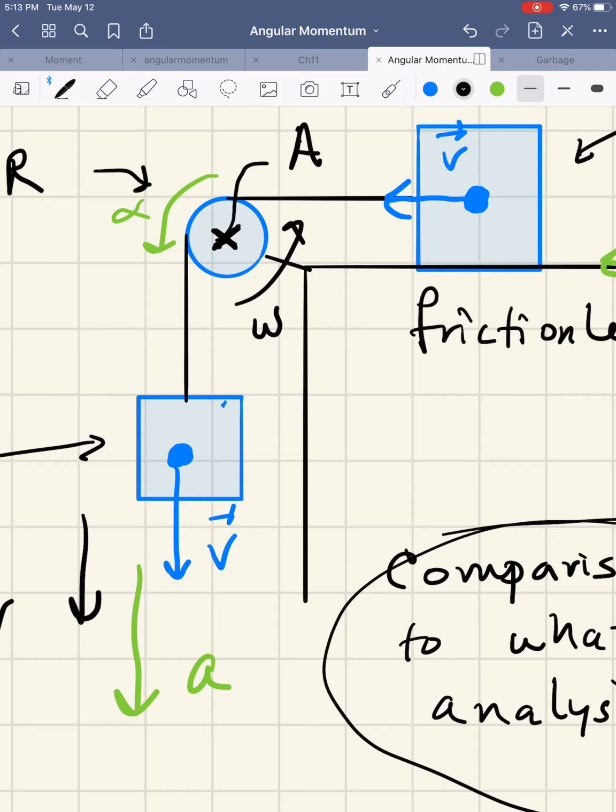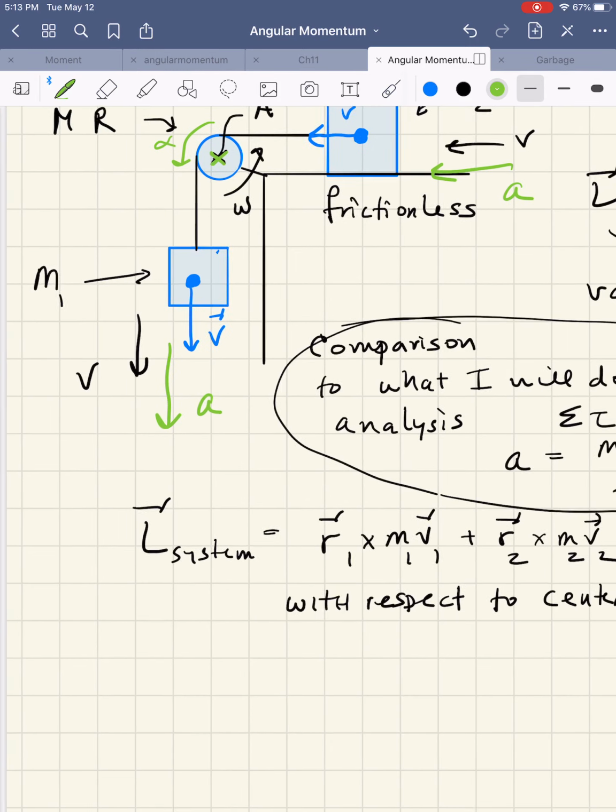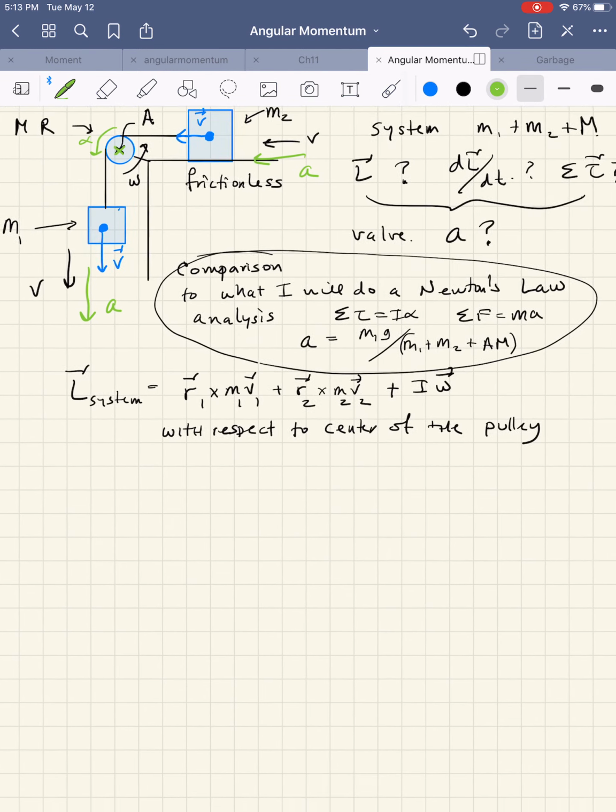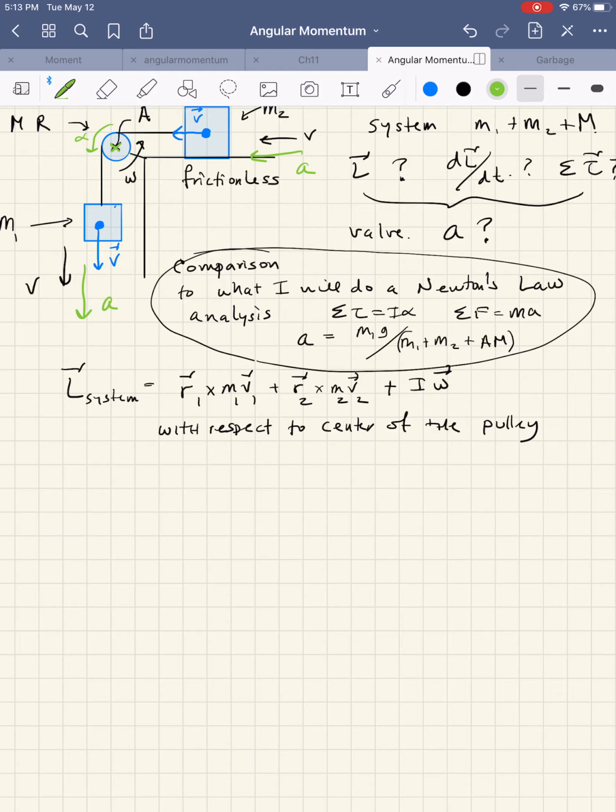So I'm finding everything with respect to the center of that pulley. So for instance, for mass 1 over here, my R vector will point from the axis like that. That'll be my R sub 1.